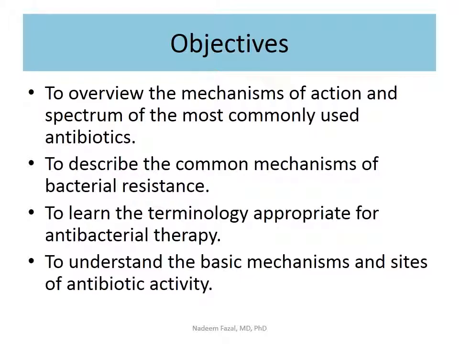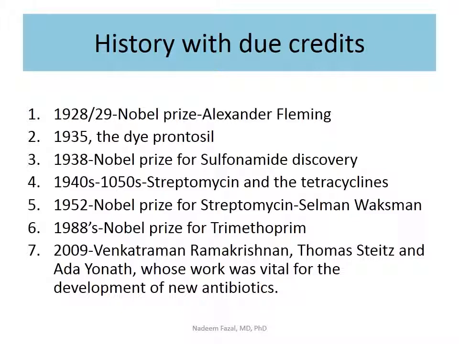Now, I don't want to spend much time on history, but it started in 1928 when one of the lab people made a mistake in Professor Fleming's lab in England. He failed to wash off or clean up the petri dishes, and when he came back, he found that there was fungus growing over there.